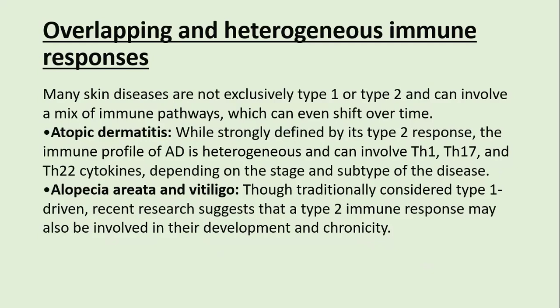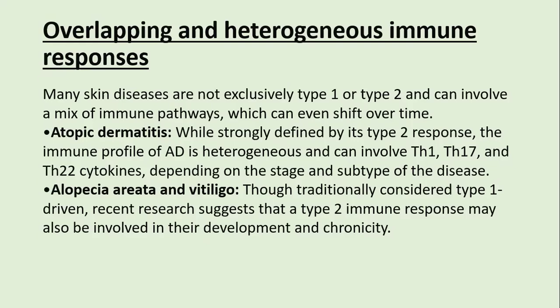Several skin conditions overlap between the two limbs of immunity. These overlapping heterogeneous immune conditions are atopic dermatitis, alopecia areata, and vitiligo. Atopic dermatitis involves the eosinophils and is mainly described as a type 2 response.